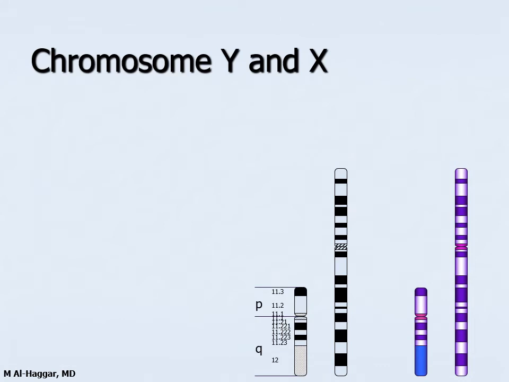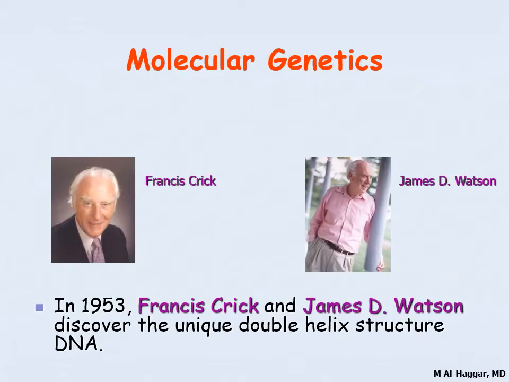Now we have studied the structure of the chromosomes and the groups and the differentiation of the individual chromosomes from each other. So we will go to molecular genetics, or the study of the genes, the basic units that form these chromosomes.